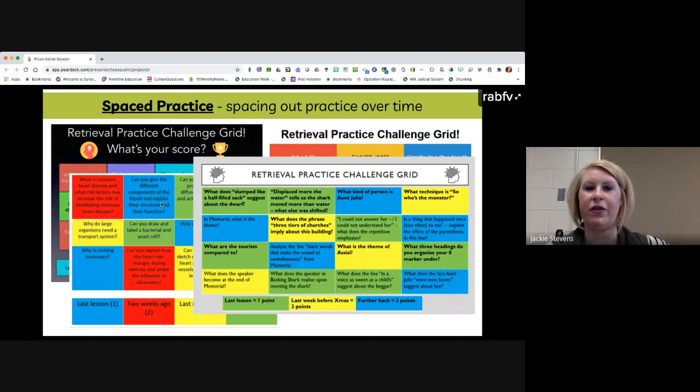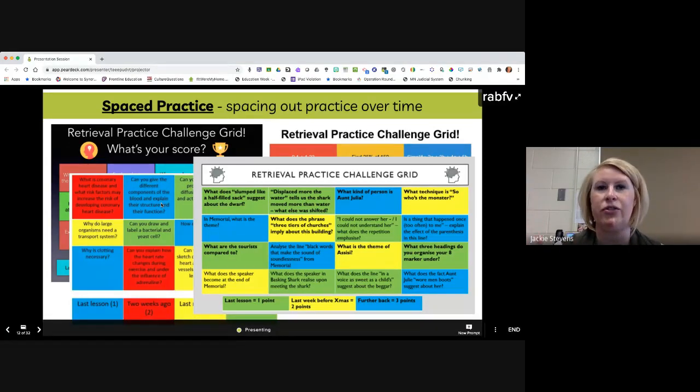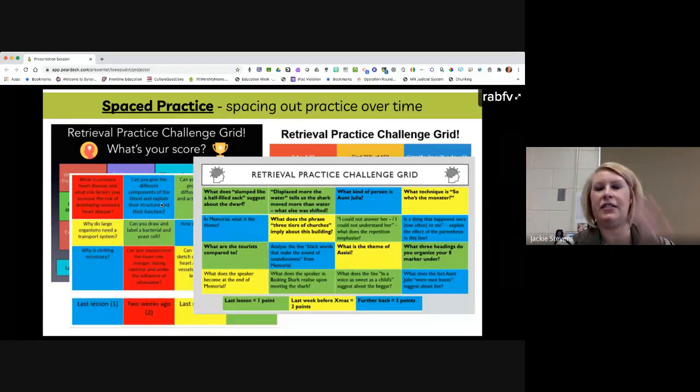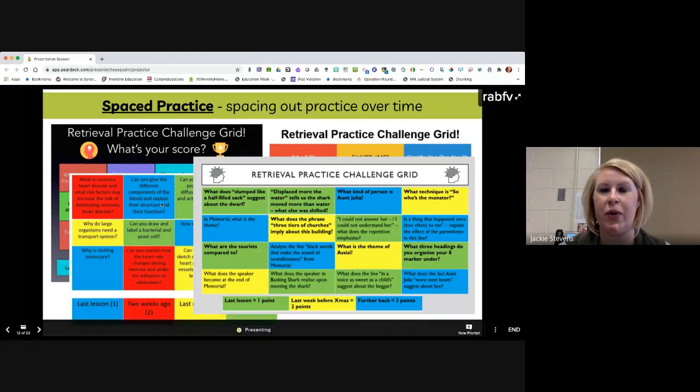And then if it's even further back than that, like a month ago or 2 months ago, then it's worth more points. So it continuously gets students to review information that they just did, that they did a little while ago, and that they did a long while ago, and it's a way to help incorporate that into your practice. They're called retrieval grids.